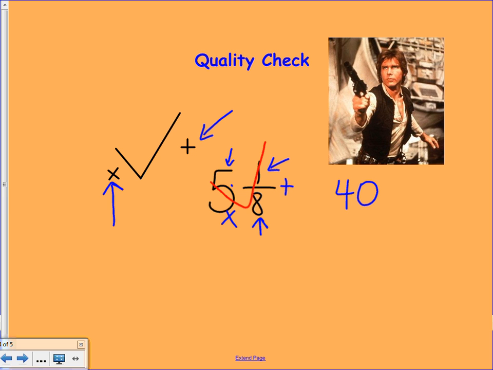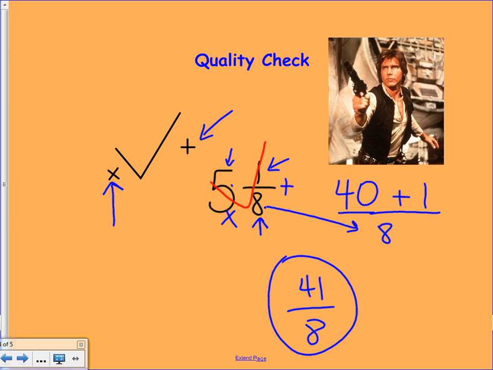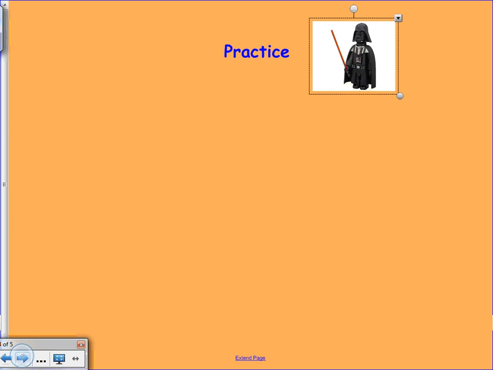So we said that 5 times 8 equals 40. So now we just have to add 1. So what's 40 plus 1? Good, 41. And our denominator stays the same. We just bring it on over. So the correct answer is 41 over 8. Let's practice this. On your piece of paper, I want you to practice these 3 problems.